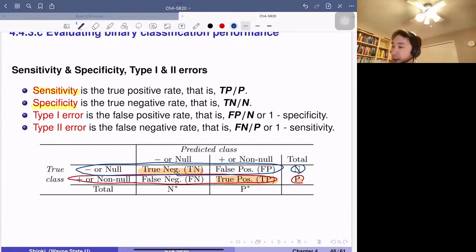So if we have many people, 10 million people, and 1 million people have COVID, and we have the test, and for the 1 million COVID people, if we got, for example, 60% positive result, then sensitivity is 60%.